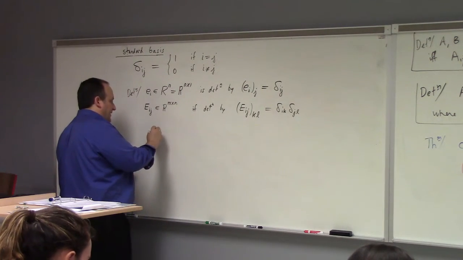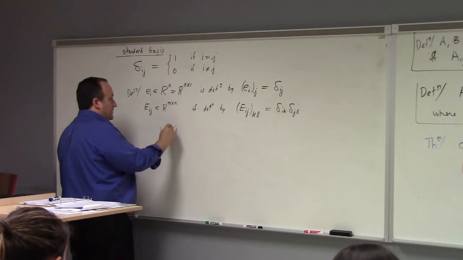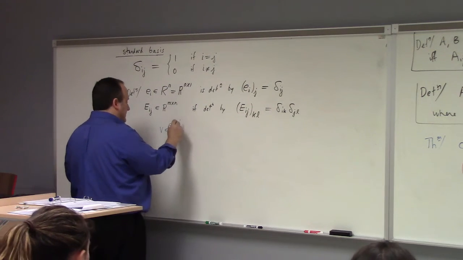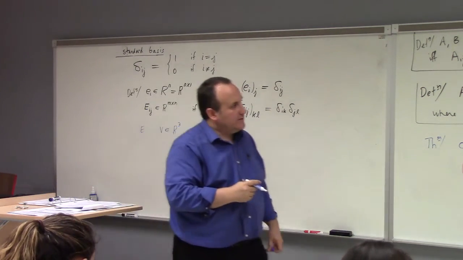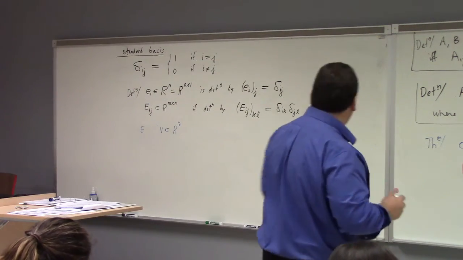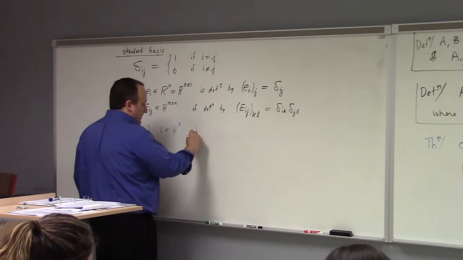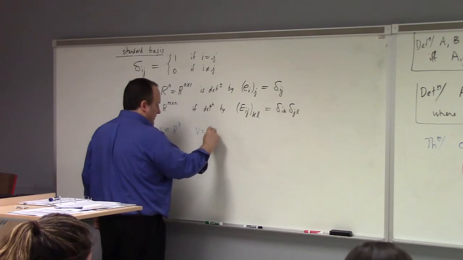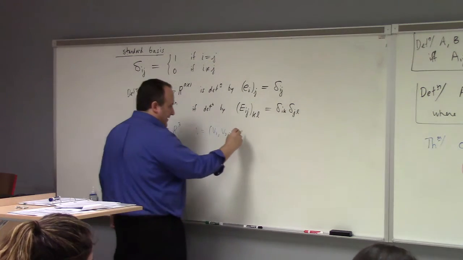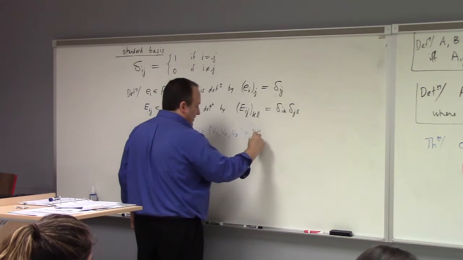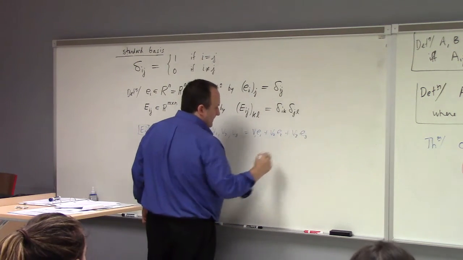If I have, let's say, v in R^3, example 2, then we can write v as v1, v2, v3, which we can rewrite as v1 e1 plus v2 e2 plus v3 e3, right?